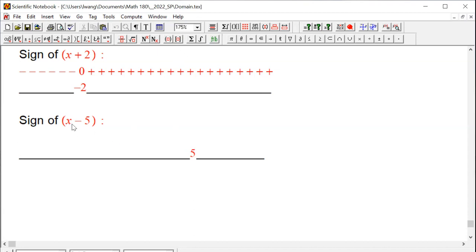When you choose a number less than 5, say 4, this expression is going to be negative. When you plug in 5, it's going to be 0. And after 5, say you plug in 6, 6 minus 5 is positive, so you're going to get positive numbers. That's the distribution.